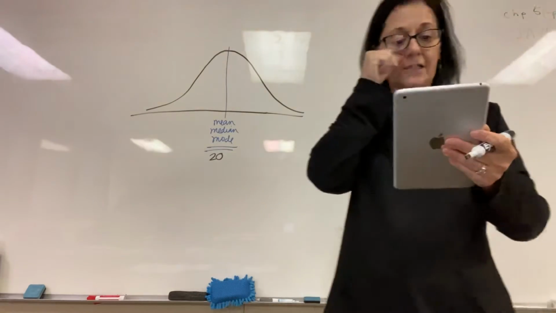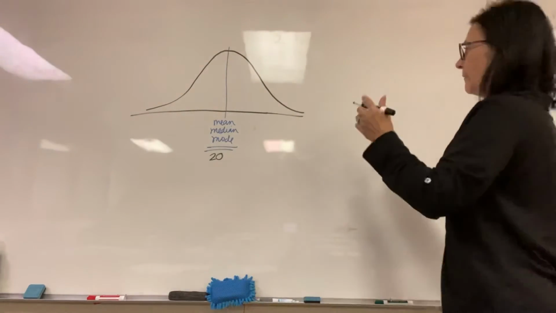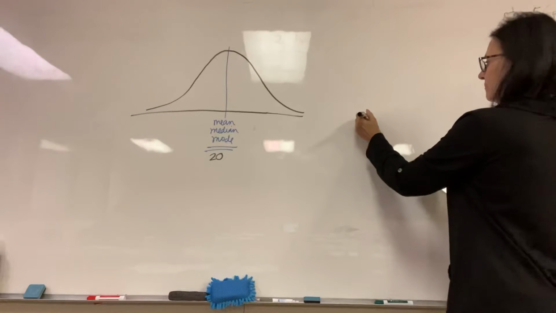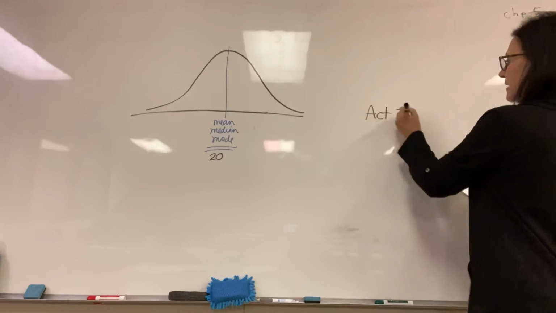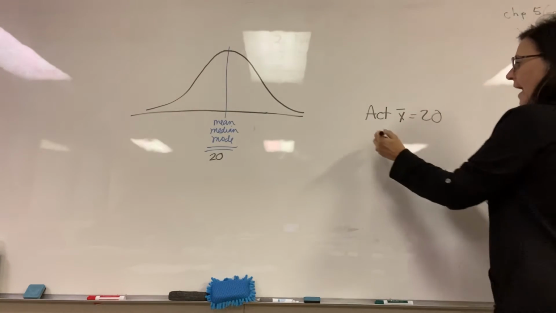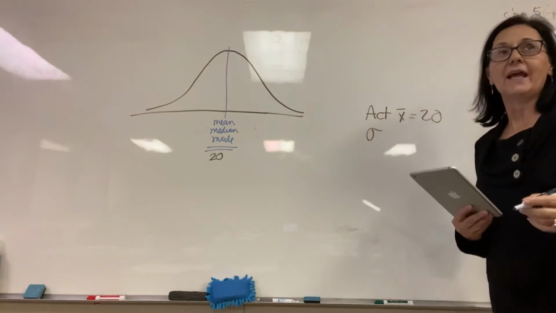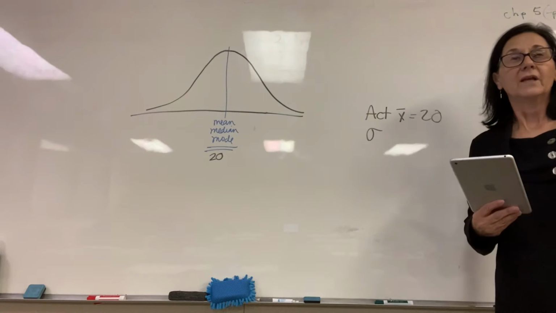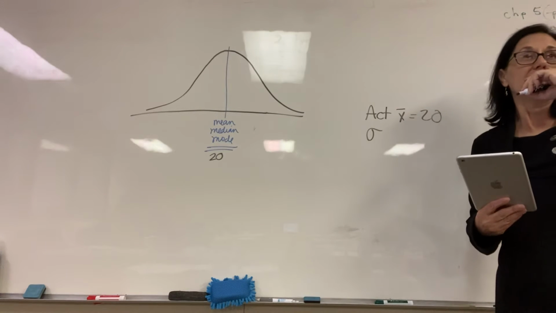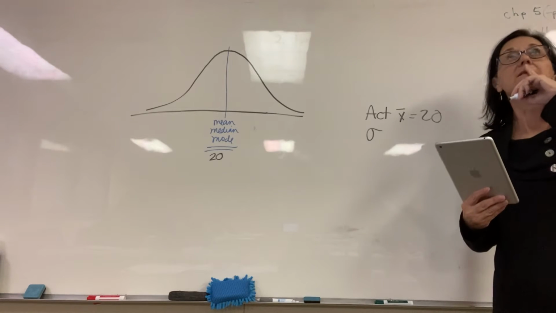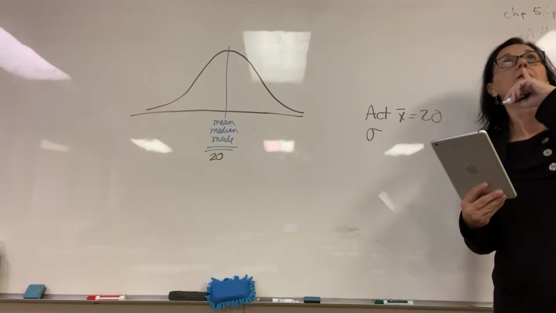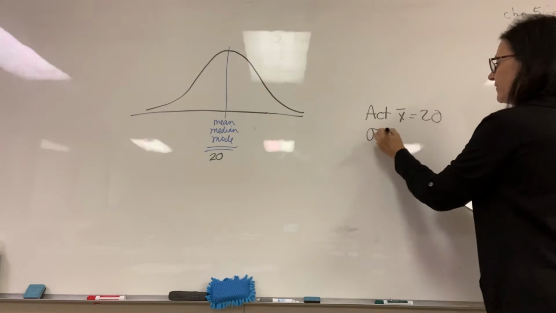Look at this. I'm just going to make up numbers. Let's say the ACT mean is 20, like I said, and let's say the standard deviation is 4.